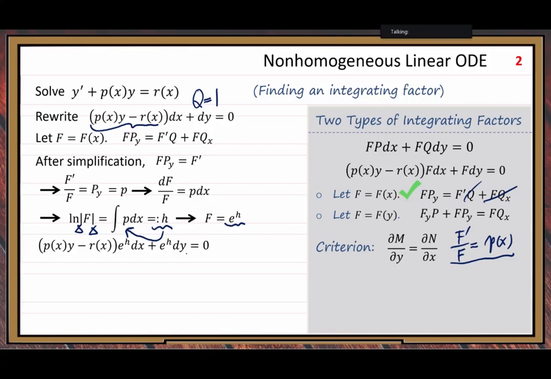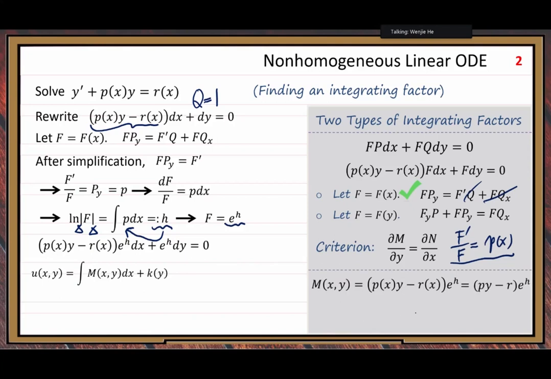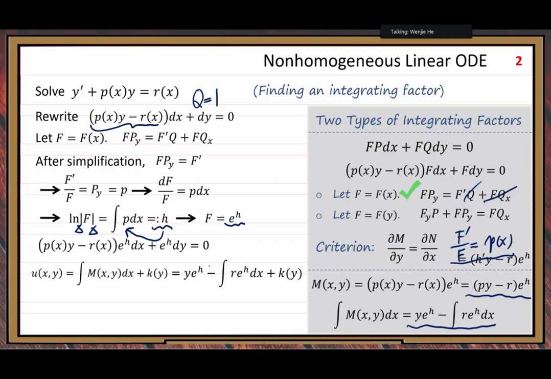When we solve that, this is the m function. Then calculate the integral.